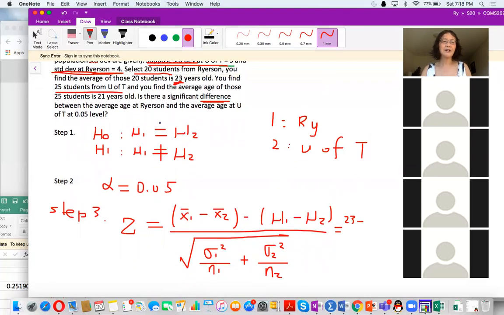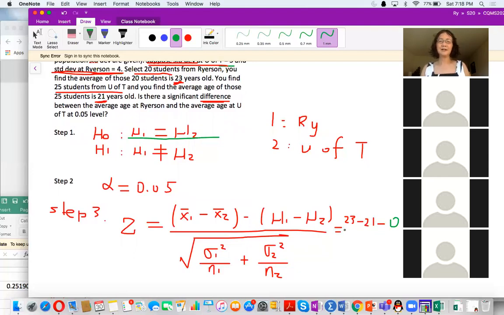The average age at U of T, x2 bar, is 21 years old. And then minus mu1 minus mu2. If mu1 equal to mu2, that is the same as mu1 minus mu2 equal to 0. Is that right? Okay, so minus 0, because mu1 equal to mu2.